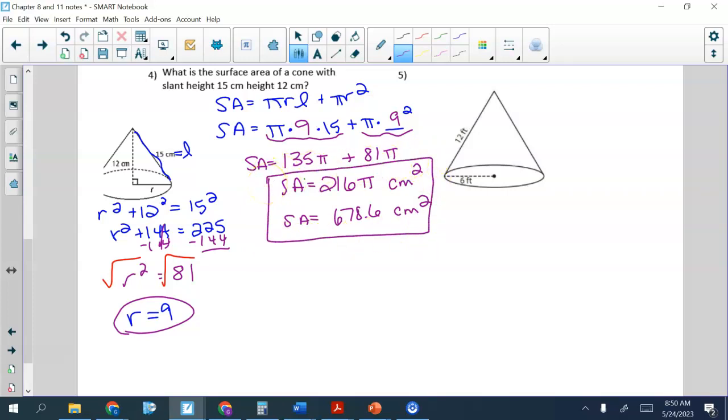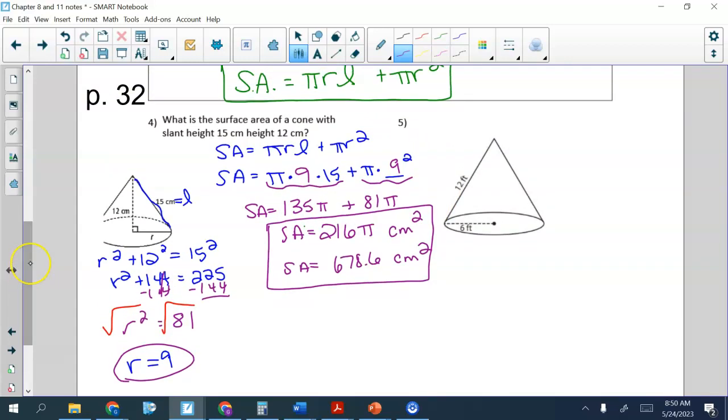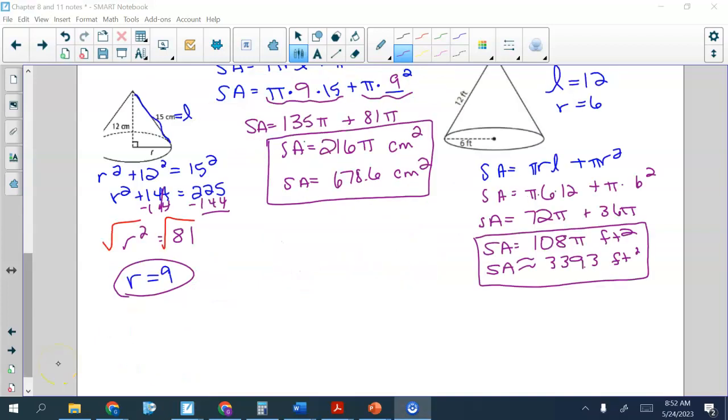Okay? All right, why don't you guys pause the video and try number 5. All right, so for example 5, your slant height is 12, your radius is 6. So just plug all that in.